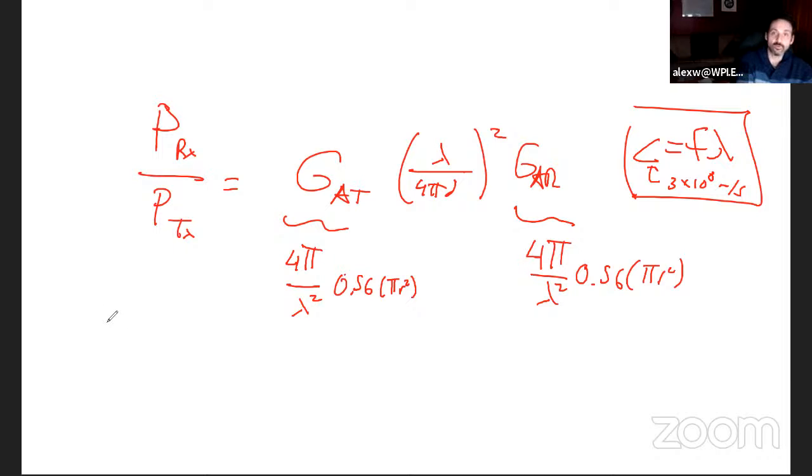If I ask you to do this in dB, what is multiplication in the logarithmic domain?